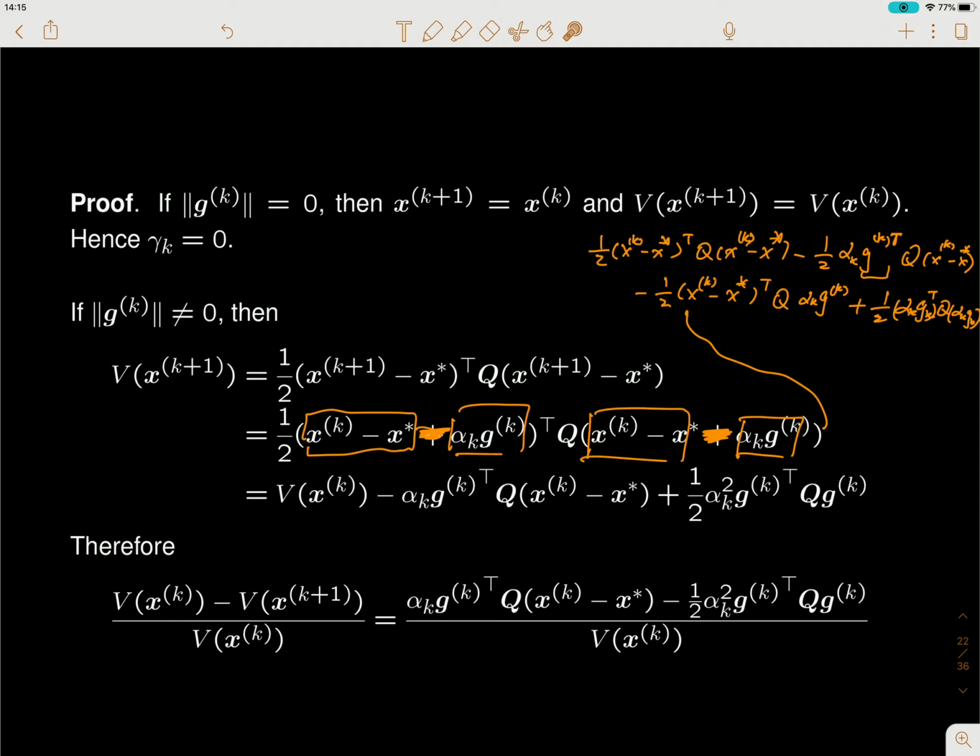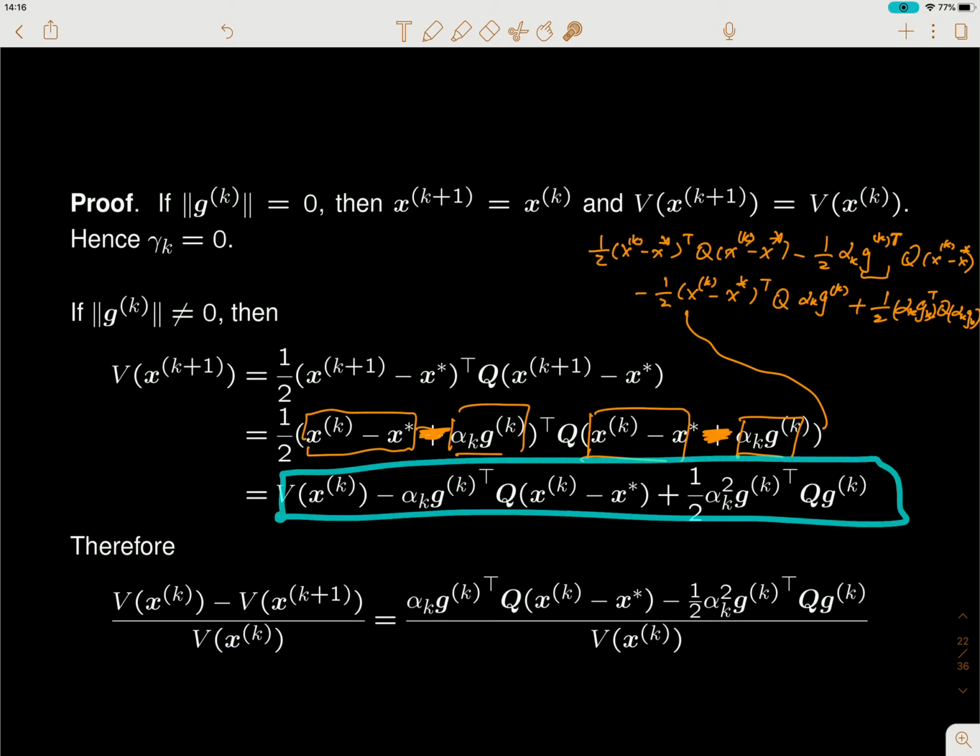Now let's take the difference. I know that v(x_k) will eventually be bigger than v(x_{k+1}). So I take the difference of this and this, put down the numerator, and divide it by v(x_k). Since v(x_{k+1}) can be written as this, I replace this quantity by the whole right-hand side.